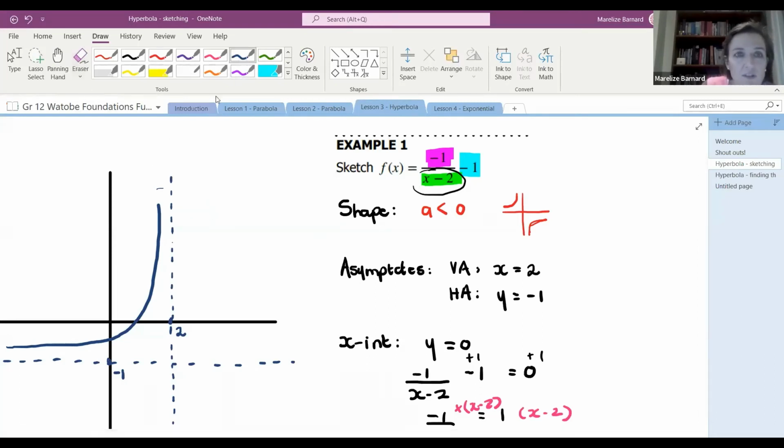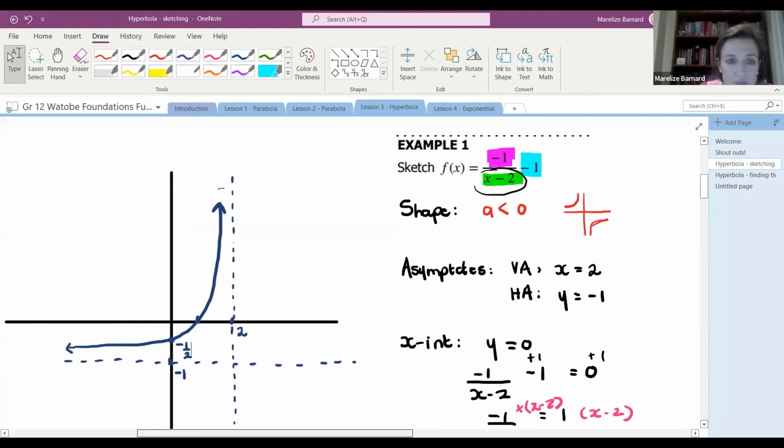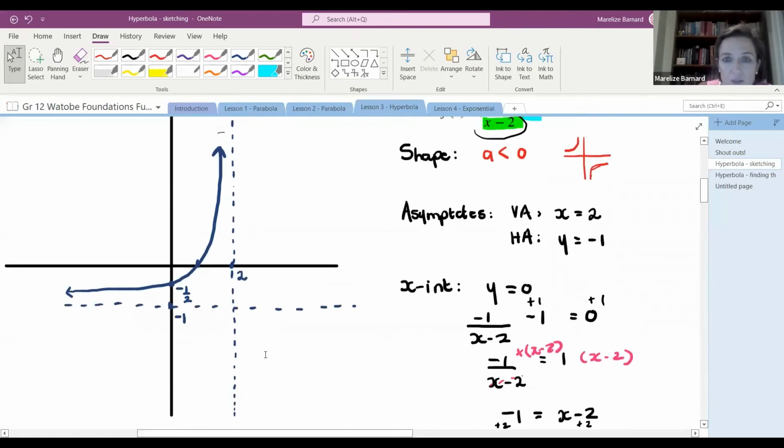Remember, it goes closer and closer to the asymptote and label your intercepts clearly. You must show what your intercepts are. Sure, I can move it a little bit, no problem. So my x-intercept is 1 and my y-intercept is -1/2. Okay, and then there's another part of the graph that's just chilling in this quadrant over here.